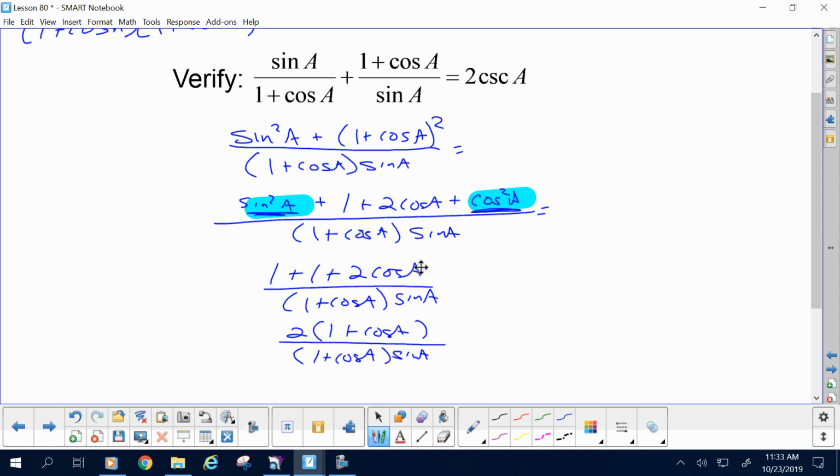If you factor out a 2, you can cancel the 2, and you can cancel 1 plus cosine A, the whole sum. Oh, yay. This makes me so happy. 2 over sine A is? Cosecant. And we are done.